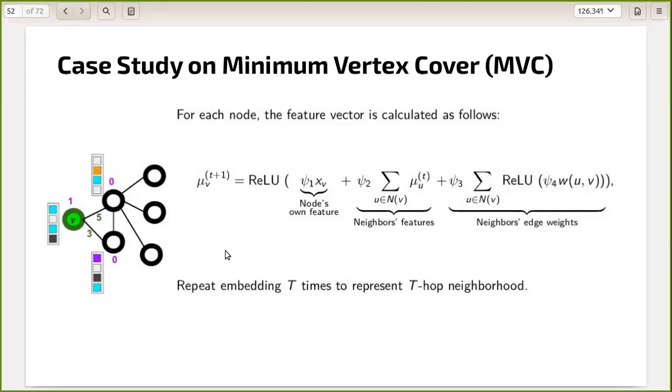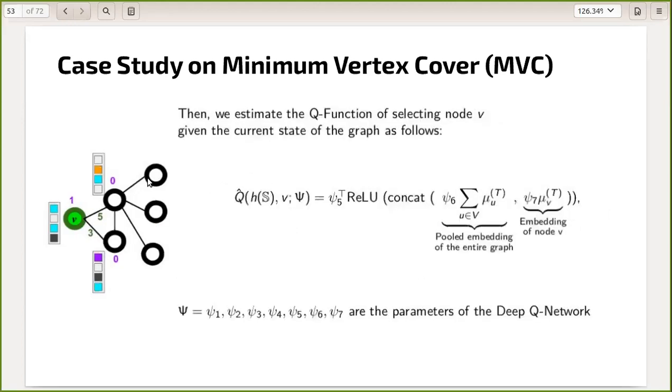We repeat this process t times to represent how many hops: the first hop or the third hop, and so on. That is the first step of neighborhood or the second step of neighborhood, and how large the cluster that we will produce. After that, we can estimate the function that we call the Q function, the quality function, of selecting the node v given the current state of the graph.